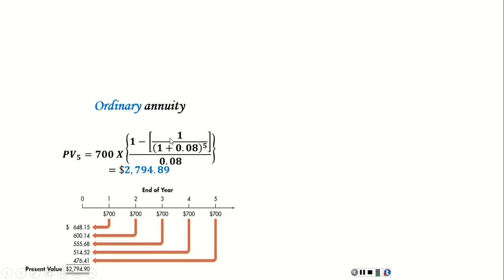So if each bank wants to find the present value of the next 700 expected to be received 5 times at the end of each year, he can use these equations by multiplying the one amount, which is 700, times the present value interest factor for annuity to get 2,794.